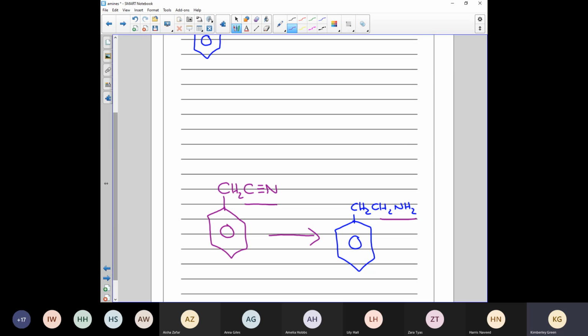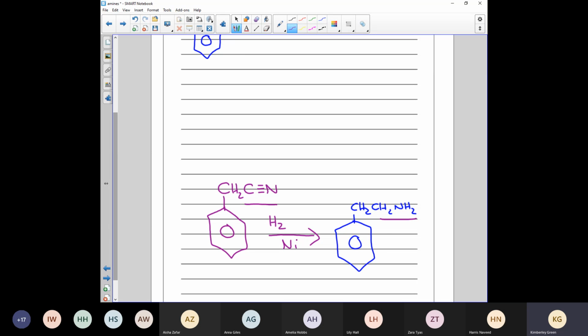So, right, one thing to know then. So how to get from a nitrile to an amine? We add hydrogen. Okay, so hydrogen is something that we add, and we need a nickel catalyst. So this is something that crops up.